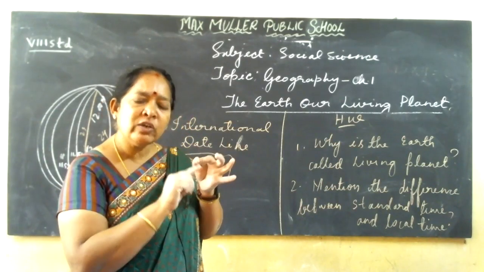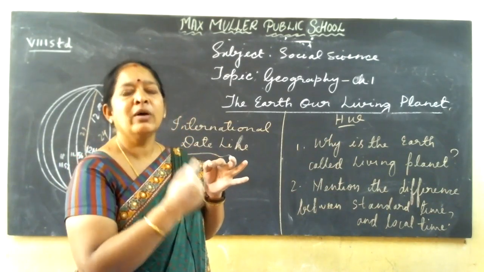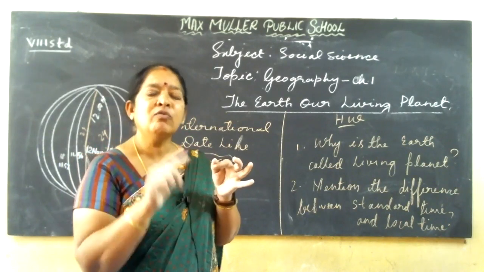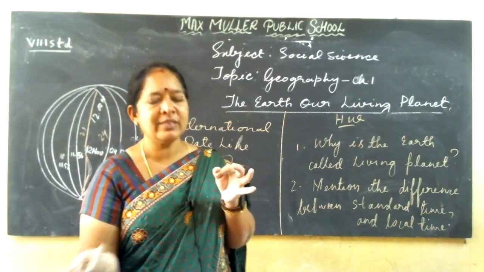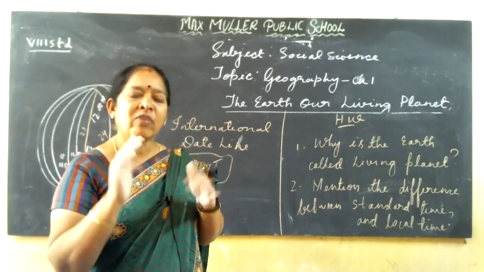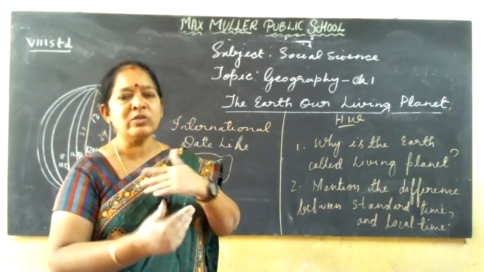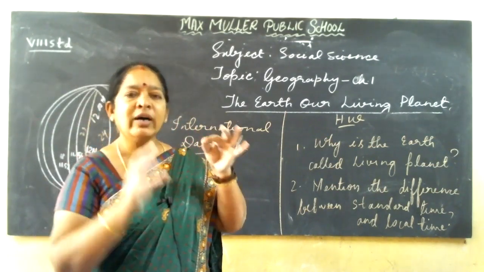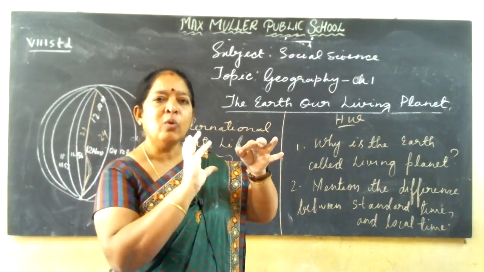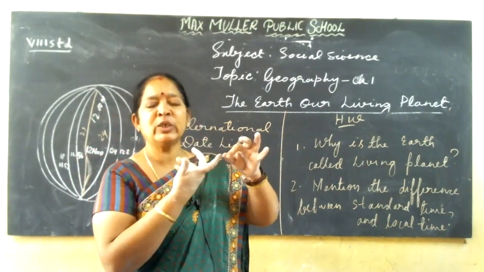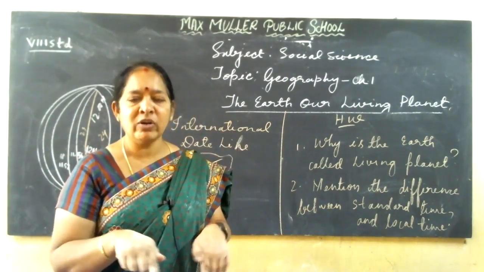When each longitude has 4 minutes, naturally 4 into 15 is 60 minutes, that is 1 hour. And 1 hour into 24 zones is 24 hours. So the Earth takes 24 hours to complete one rotation.